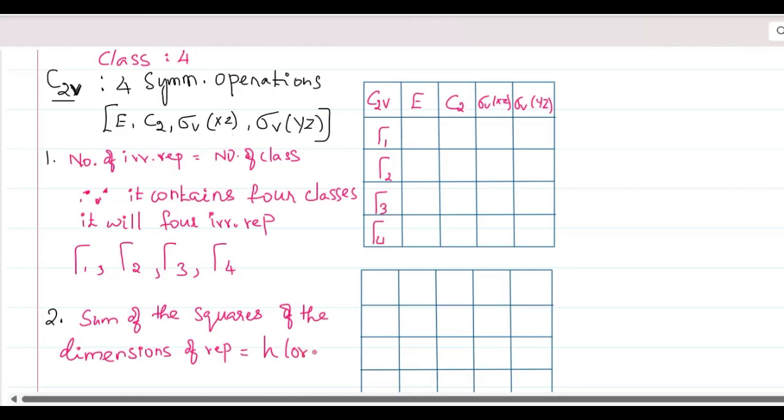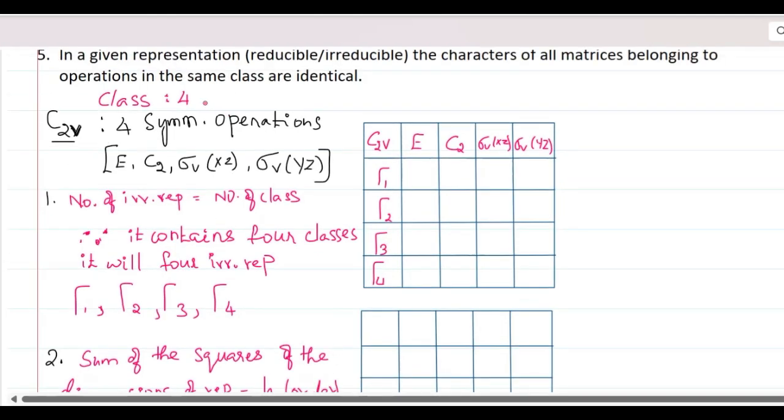What is h here? Order. So in C2v, what is the order? The order is the number of symmetry operations. Here the number of symmetry operations: 1, 2, 3 and then 4. So the order will be 4.